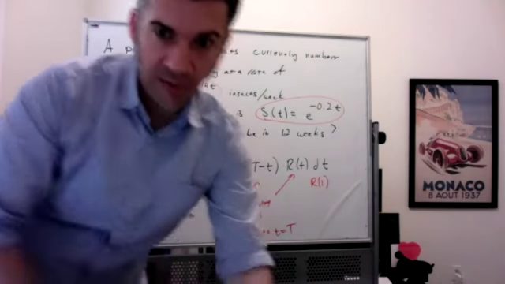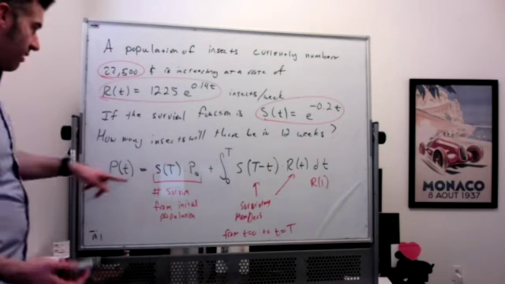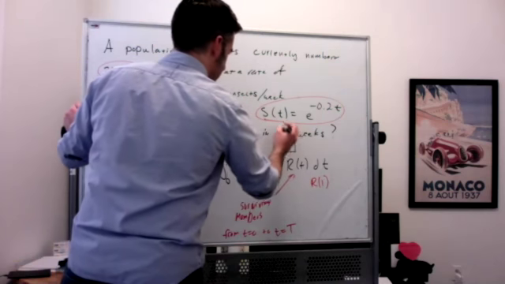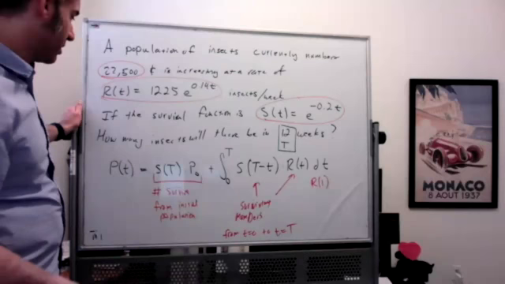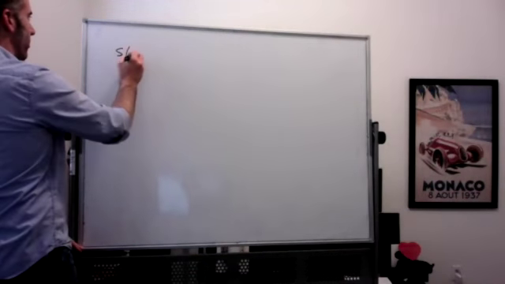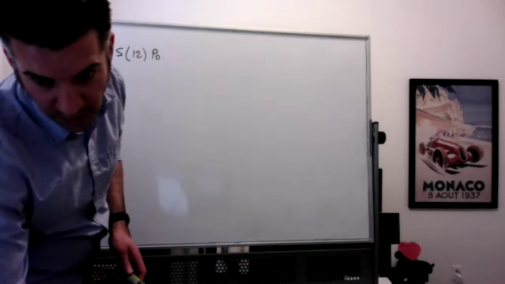So putting it all into the formula, which I guess I'll need the other side of the board for, and I should say capital T is 12 weeks. So plugging this in, we're going to get S of 12 times P naught, and we'll substitute things in a minute.